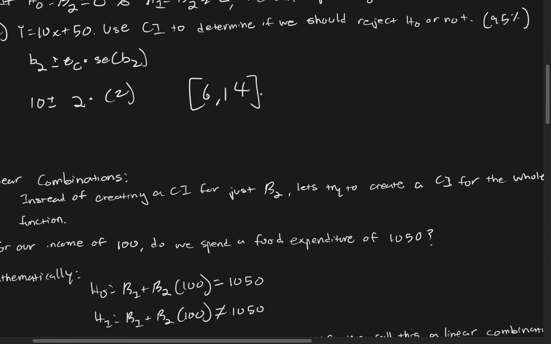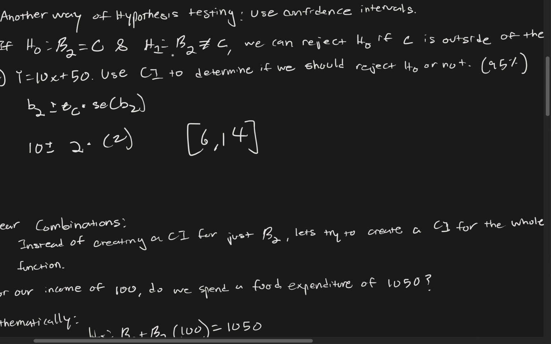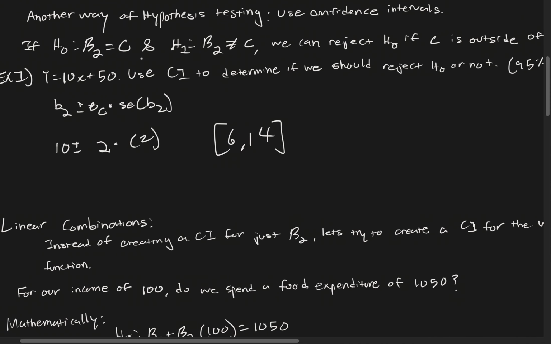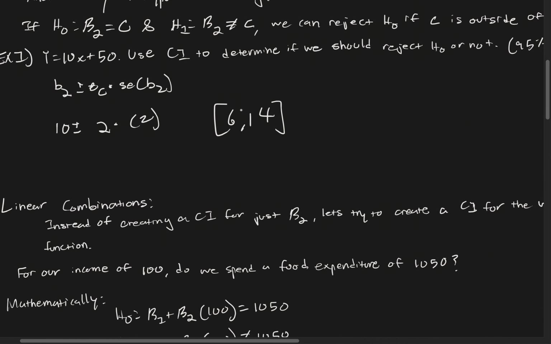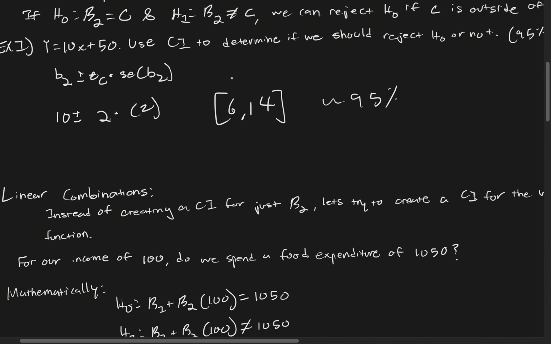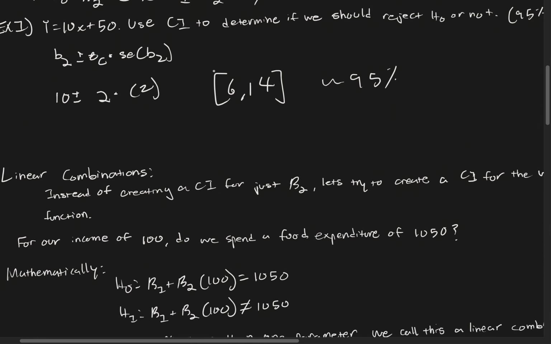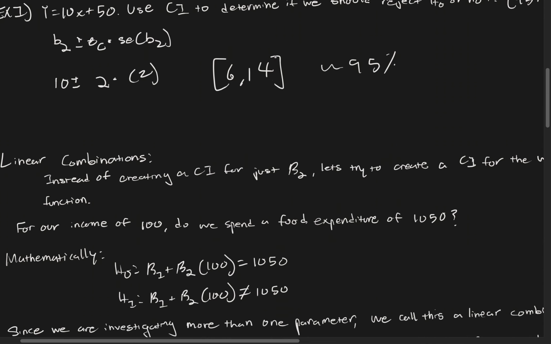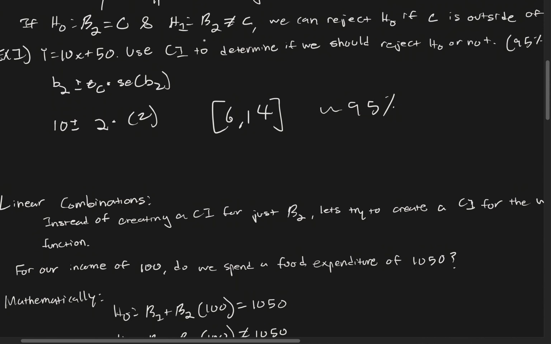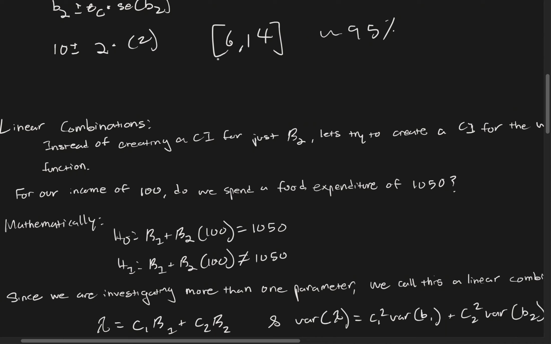Then C would be 7, and because 7 is within the 95% confidence interval we created, the null hypothesis is not outside of the confidence interval, so we can't reject the null.